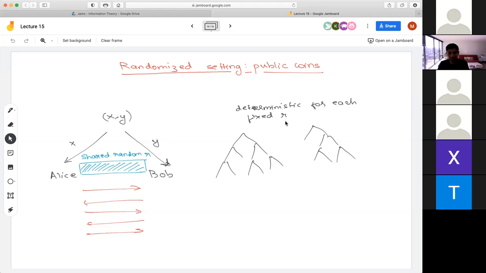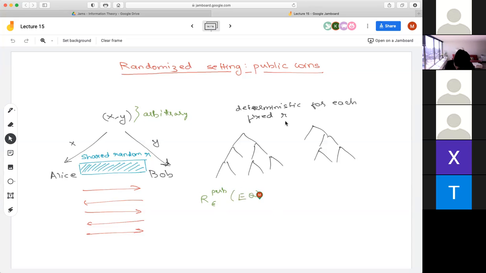So yeah, we can again define what is the randomized communication complexity. We still want to compute the function f at every input with probability maybe 1 minus epsilon. So this is still arbitrary. But now my claim is that this is called R epsilon with public coins, communication complexity of a function.